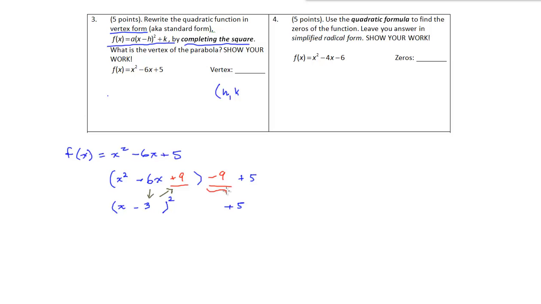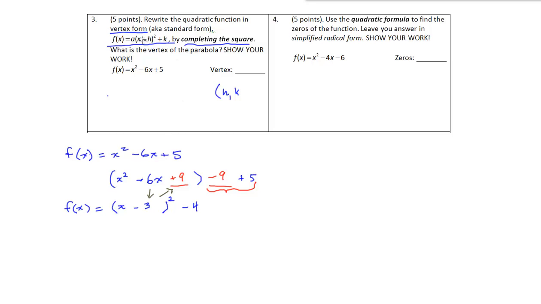Okay, so all of that together is minus 4. And we have our function now in vertex form.